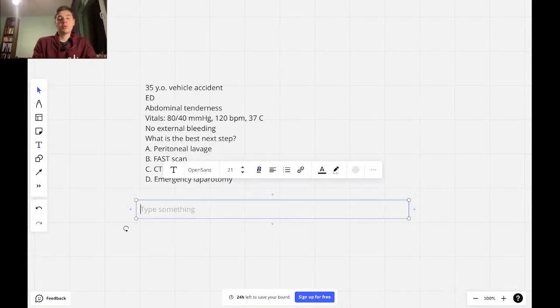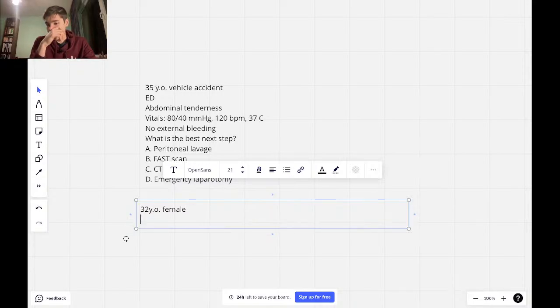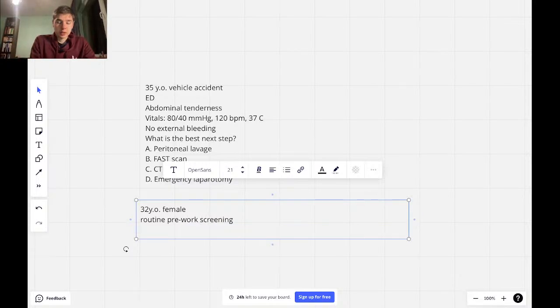In this case, we have a 32-year-old female that comes for routine pre-work screening. On the clinical exam, there is a lump in her throat.